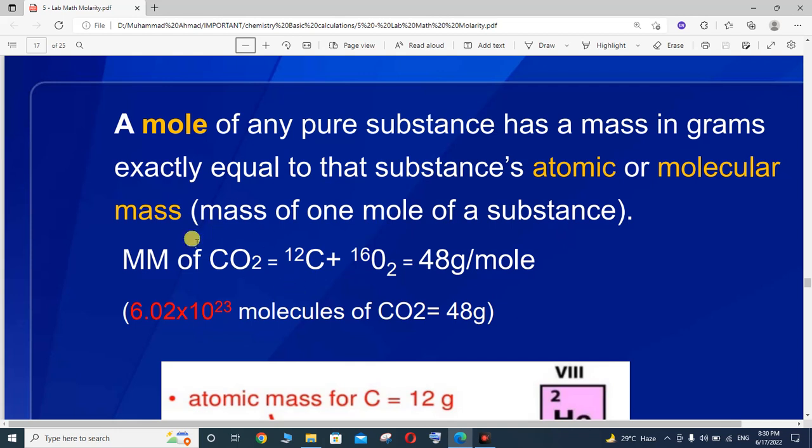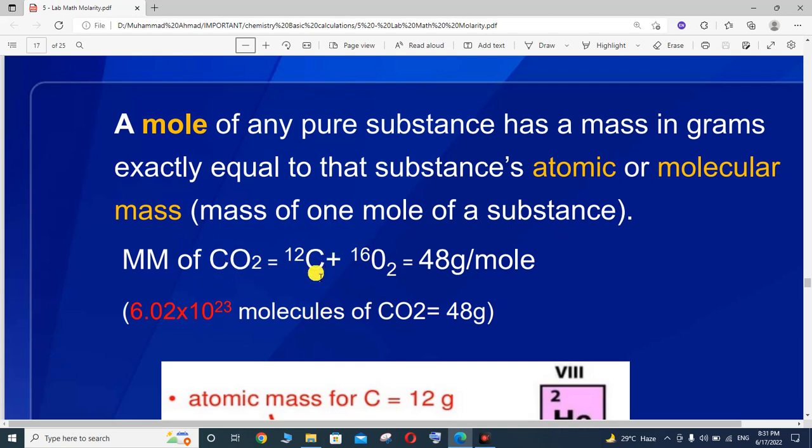From this example, it will be clear to all of my students. First of all, you should know, for example, carbon dioxide is a gas and its molecular mass is 44 gram per mole. Here is 1 carbon and 2 oxygen.